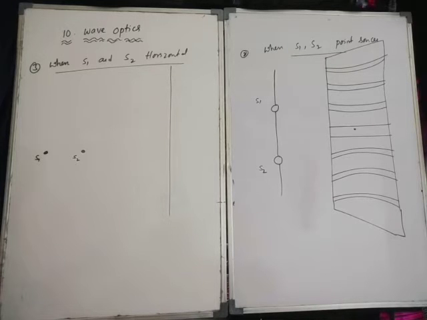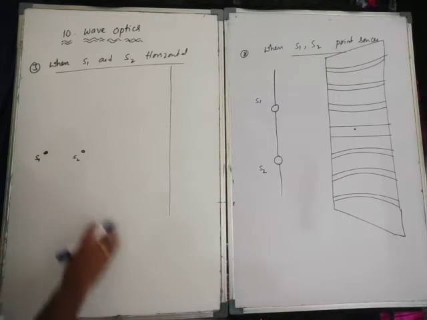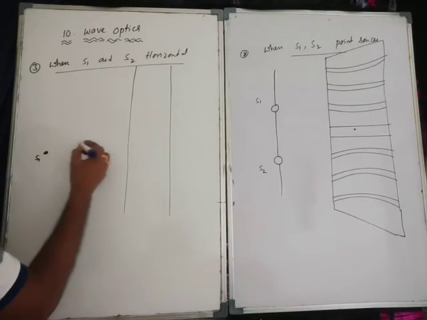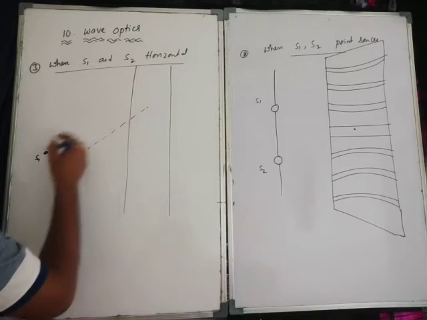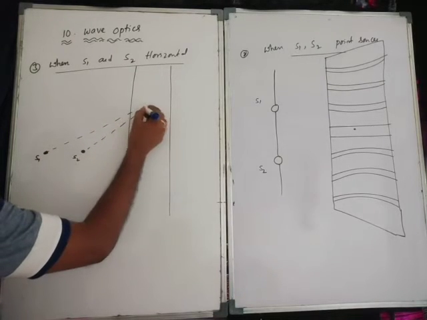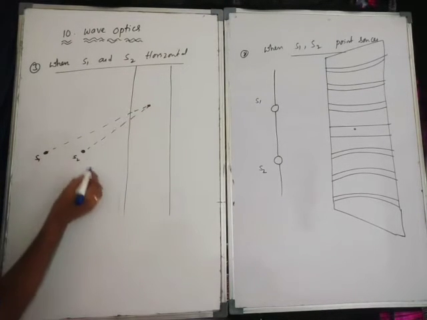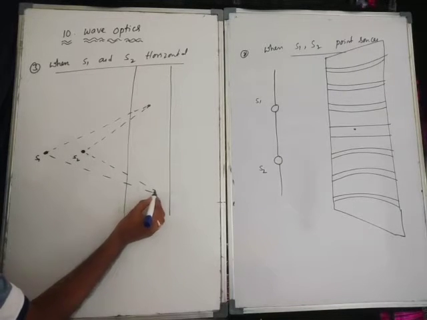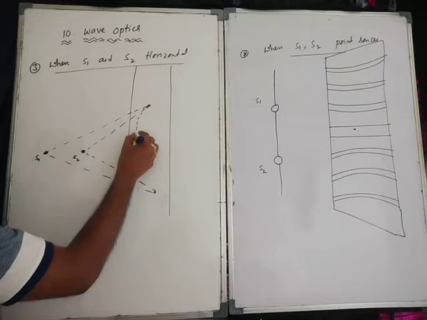Then how can it form? So we can consider, here one fringe, and again here also one fringe. Here is one fringe. So now we can draw.